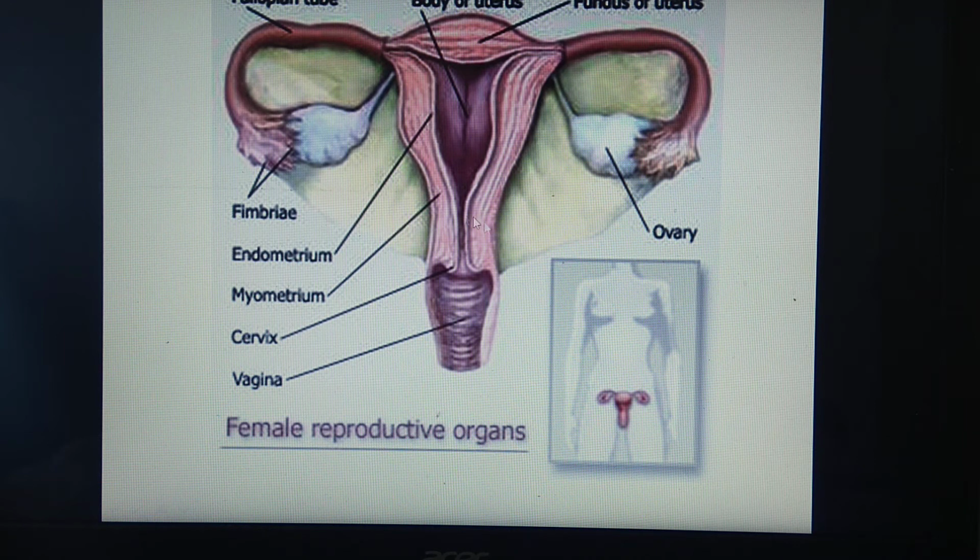Remember that the cursor moving here is on the outer wall of the uterus, which is called the perimetrium. Then there is this middle thick layer. This fibrous thick layer is called the myometrium. So perimetrium, endometrium and myometrium are the three parts.